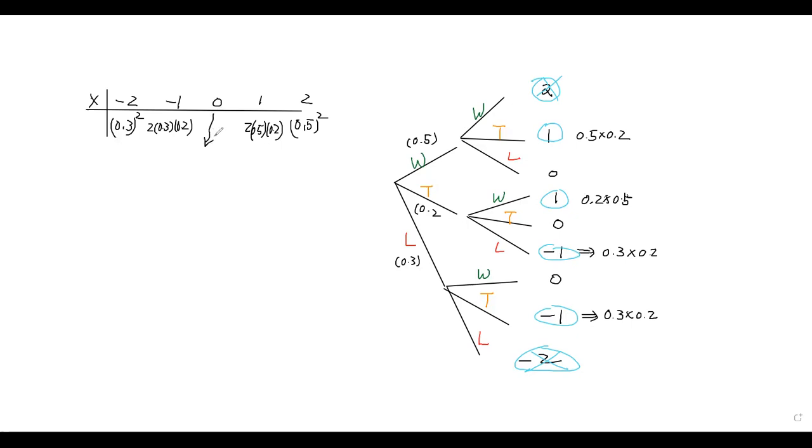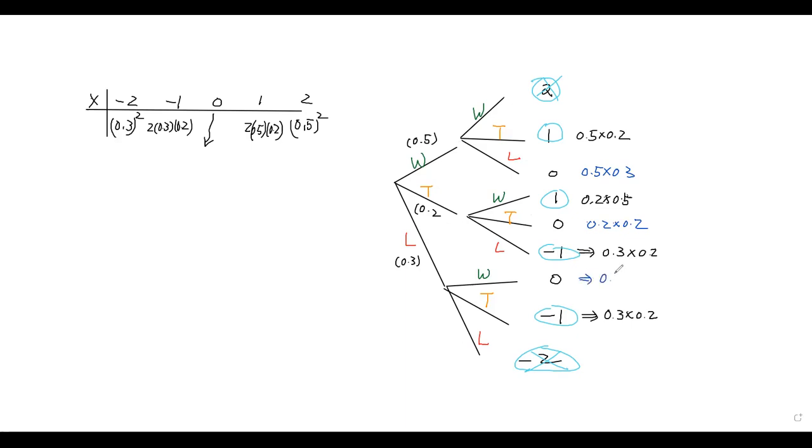For the zeros, I have 3 cases, right? The first one here is win-lose, so this will be 0.5 times 0.3. Then I have a tie, which will give me 0 also. So this is 0.2 times 0.2. Then I have lose win here.